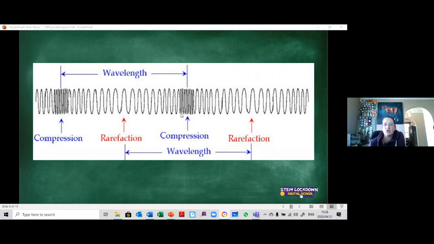Okay, so can you see that with a compression, I squish the particles close together, and with the rarefaction, they are far apart. Can you guys see why I didn't try and attempt to draw this thing? Okay, right. You see why I didn't try and draw this thing.